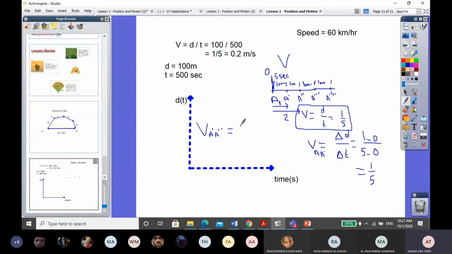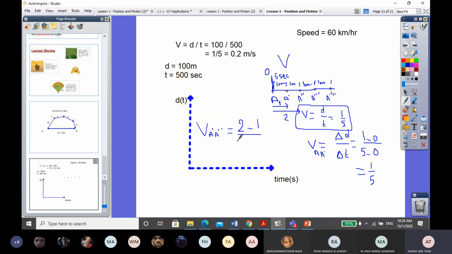So what shall I do here? What is delta D here? The greatest minus the smallest. So it will be 2 minus 1, over, from A to A double prime, how many seconds does it take? 10 seconds. Excellent.